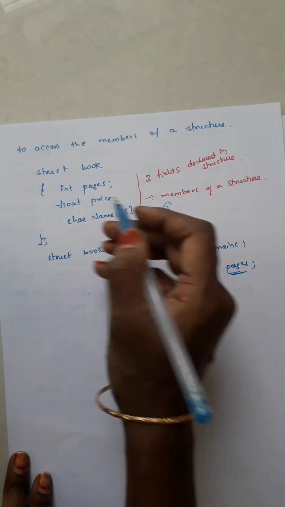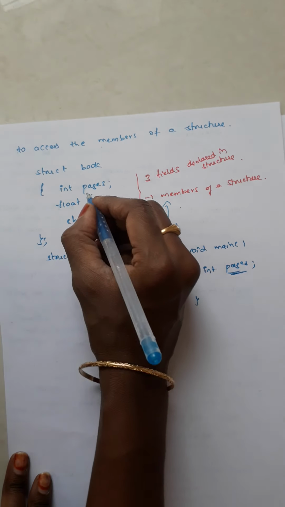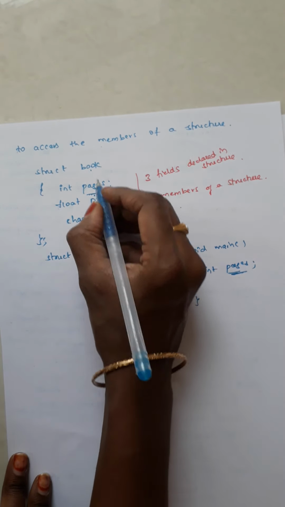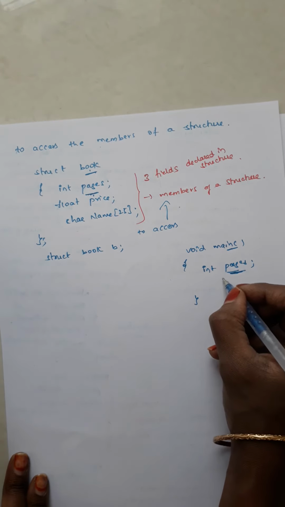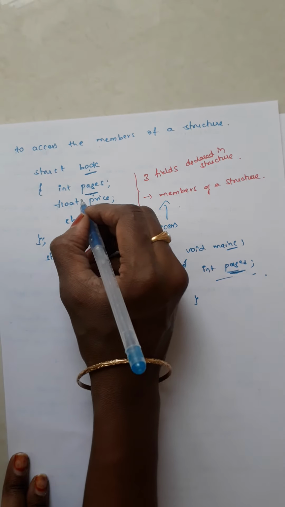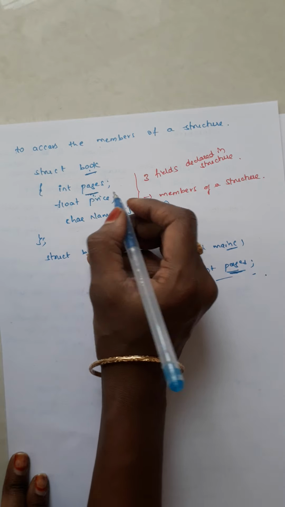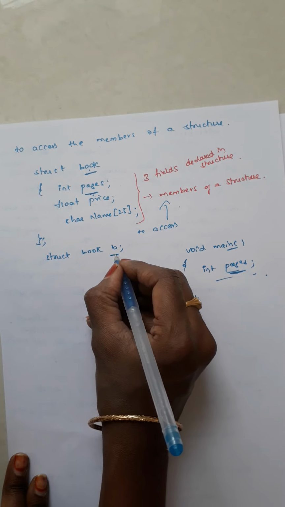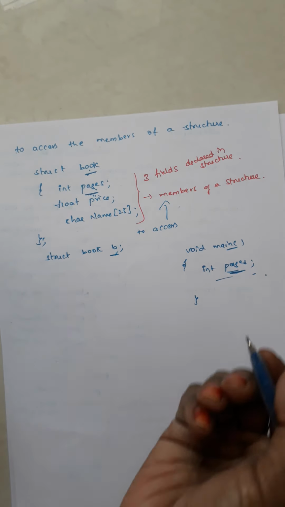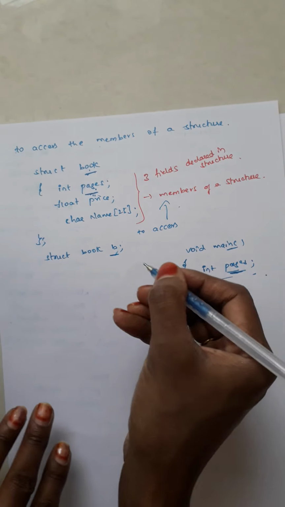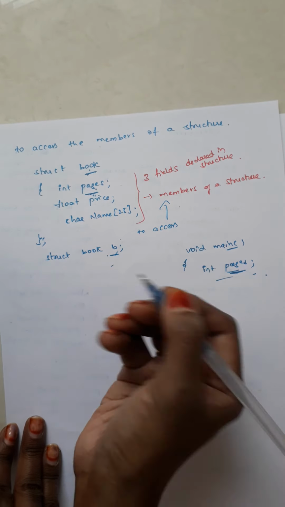If the same variable is declared in the structure, there is a difference between declaring pages in the main function and declaring pages in the book. This belongs to the book and this belongs to the main function. We can access it directly, but to distinguish which one we declared, we use this structure variable to access the pages, because the compiler understands that it is a member of a structure which belongs to the structure.